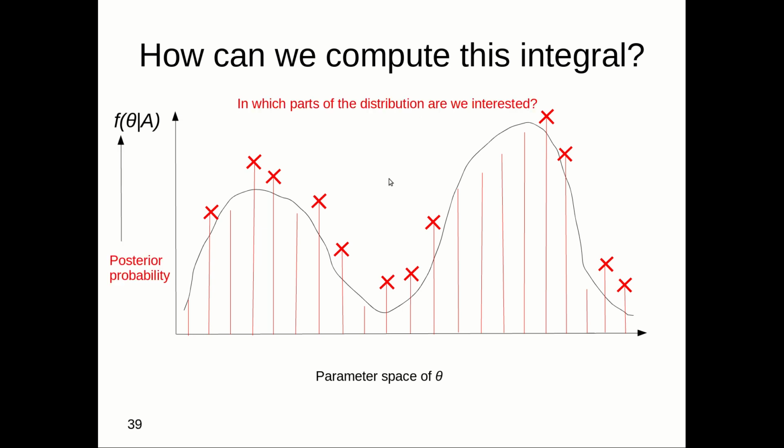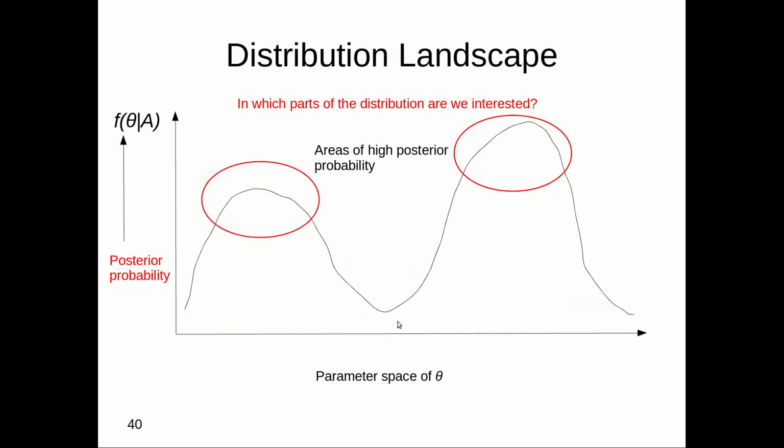However, if you think about the posterior probability, in which parts of the distribution are we actually interested? We're really interested in the parts of the distribution that have high posterior probability values, and not so much in the parts that have low posterior probability values.